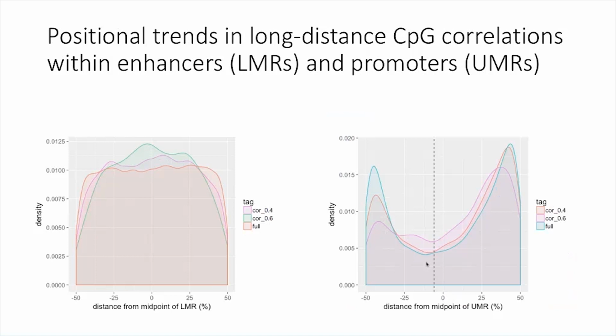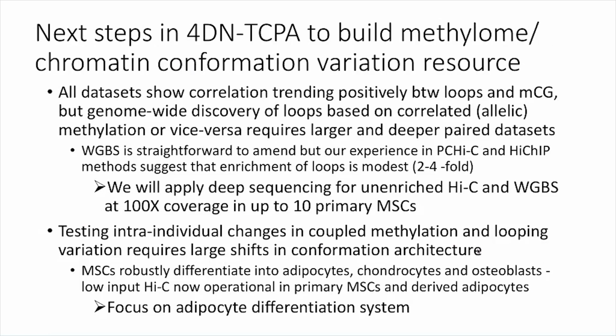So this indicates that in order to detect dynamic variation between loops in promoters and enhancers, we need higher depth whole genome bisulfite sequencing.